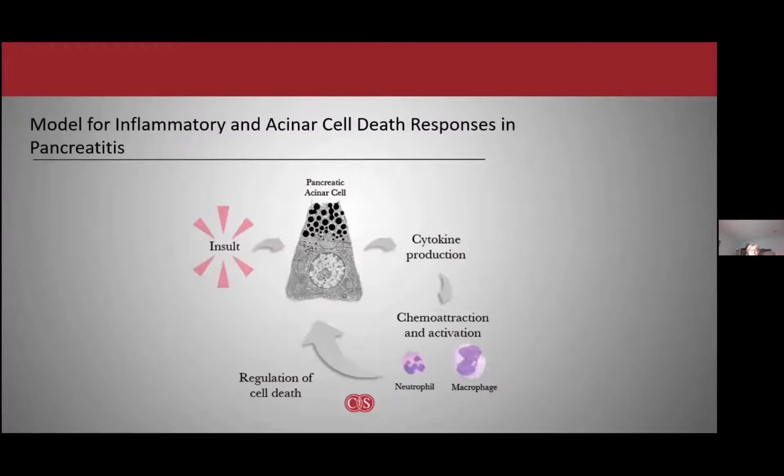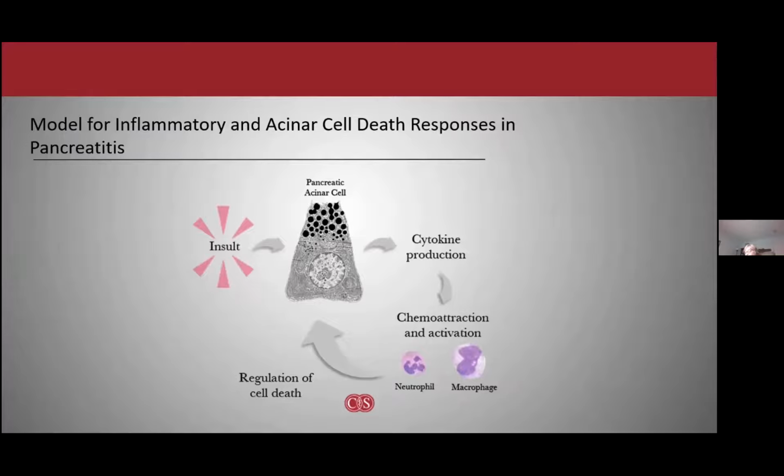This is a model that we use to describe the inflammatory and cell death responses in pancreatitis that we've used for quite a while. An insult, whether it be hypertriglyceridemia or the obstruction of the pancreatic duct with a gallstone, causes stresses in the acinar cell, and those stresses increase production of chemomodulators that cause attraction of inflammatory cells like neutrophils and macrophages.